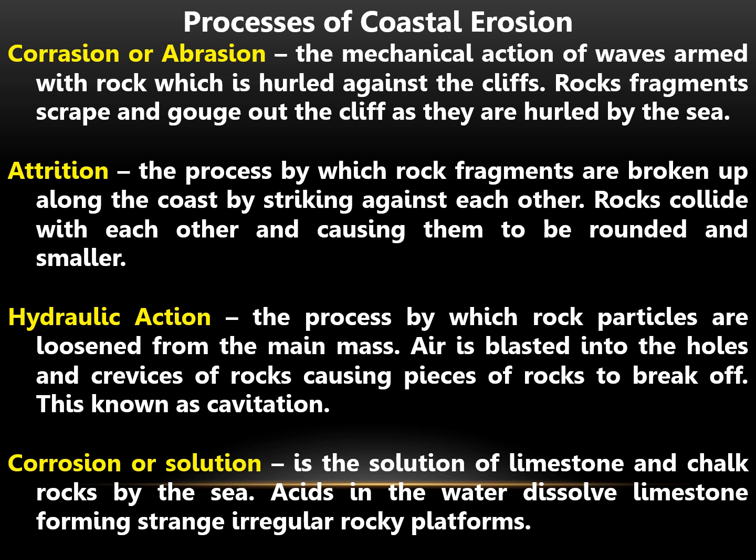Now what happens is that this weak acid tends to erode the limestone cliffs. So it actually dissolves the calcium in the rocks by changing the calcium to calcium bicarbonate. And that is what the water now will remove from the cliff in solution or being dissolved.